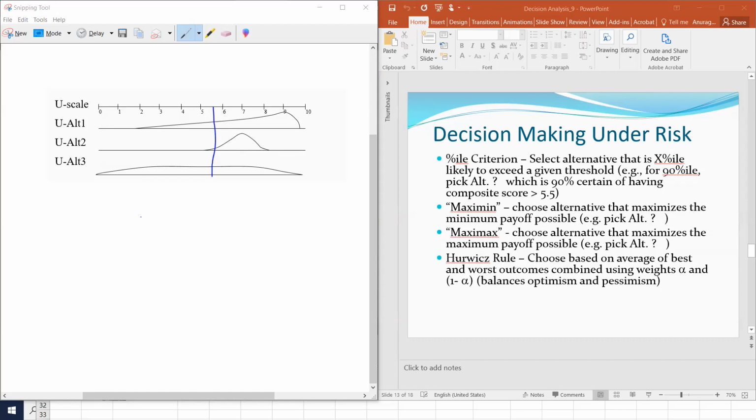The minimum is wherever these distributions actually start. So the minimum payoff for this one is about 5.2. And then the minimum payoff for this one is basically where the distribution starts, almost 0. So if you want to maximize that minimum payoff, which alternative would you pick?